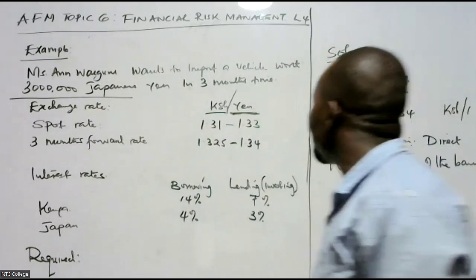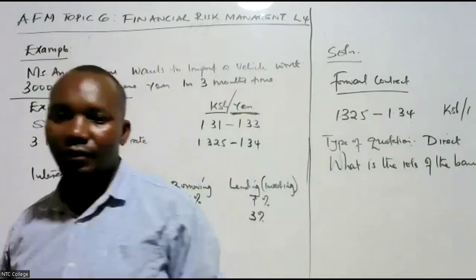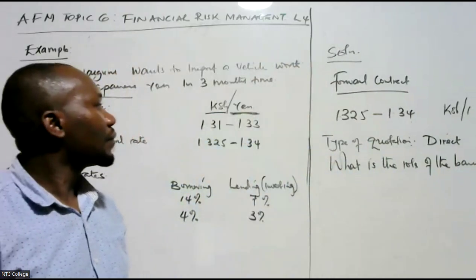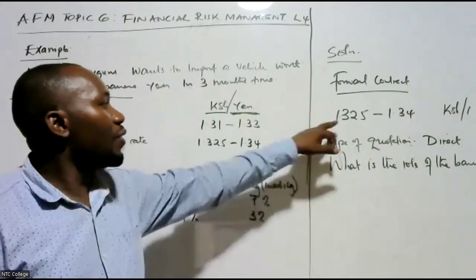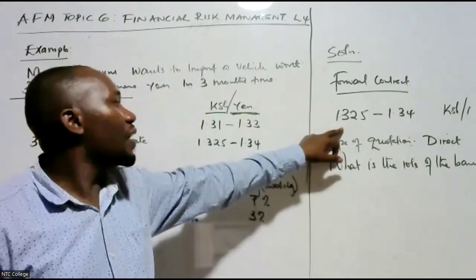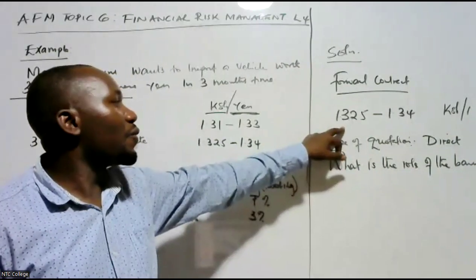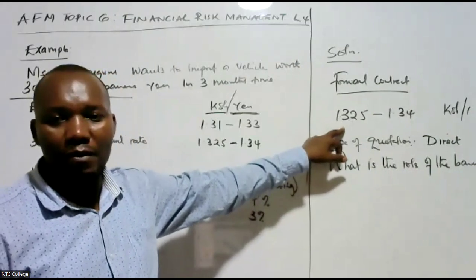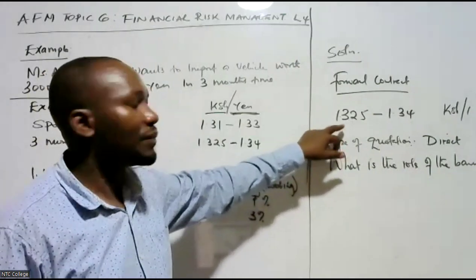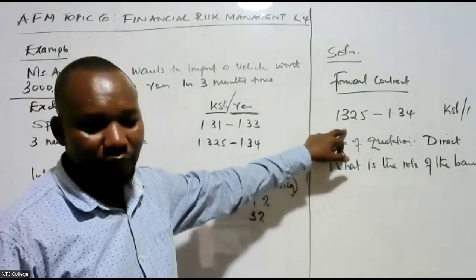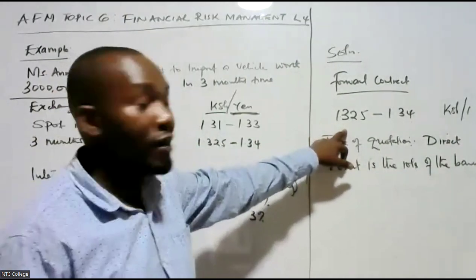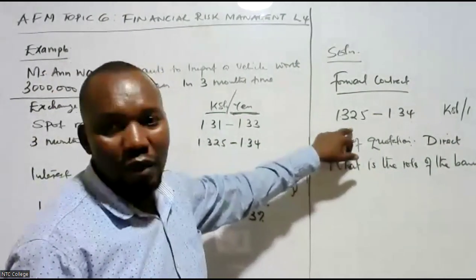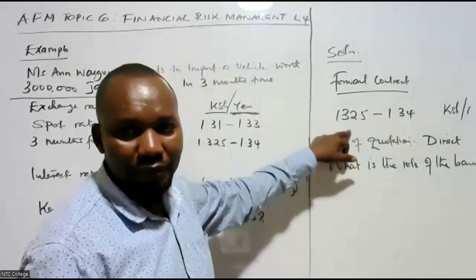What is the buying rate? Is this buy or sell? Do we buy at 1.35 or we sell at 1.355? The bank will buy here or sell here.